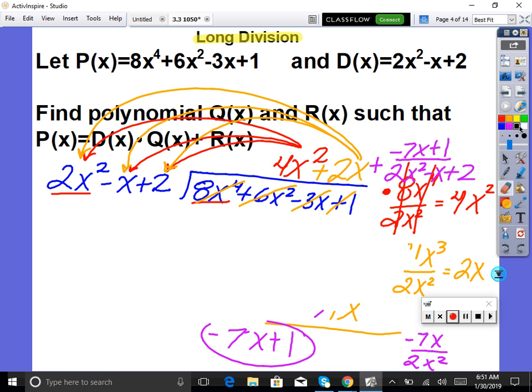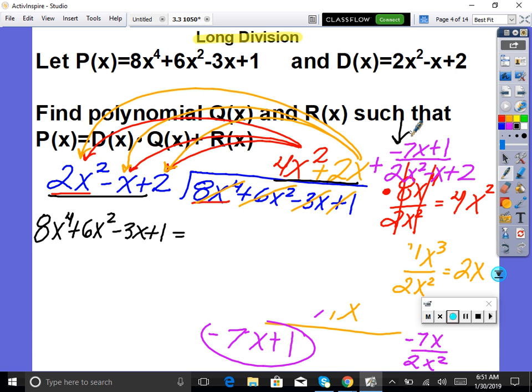Okay, so our final answer would be our p of x, which was 8x to the 4th plus 6x squared minus 3x plus 1 equal this times this plus this, correct?